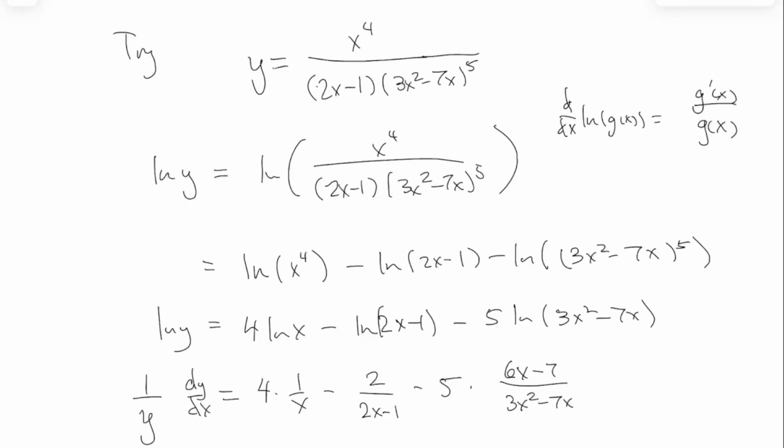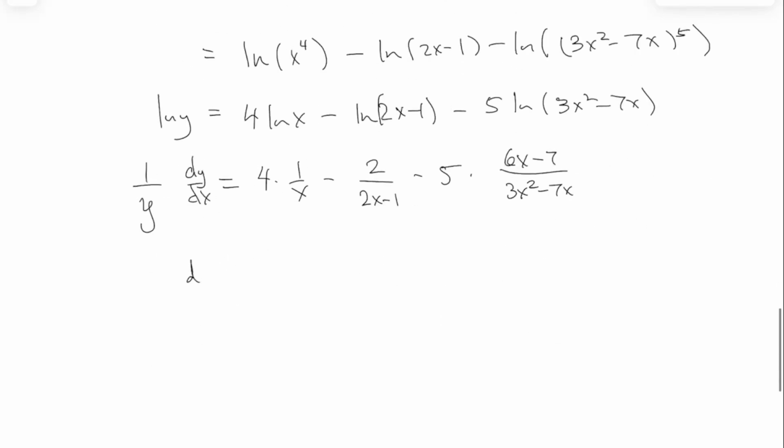And then finally, you multiply y to the other side and replace the original x variable with the y's. So it looks like dy dx equals y, which is going to be the original thing again. So that's x to the 4 over this business.